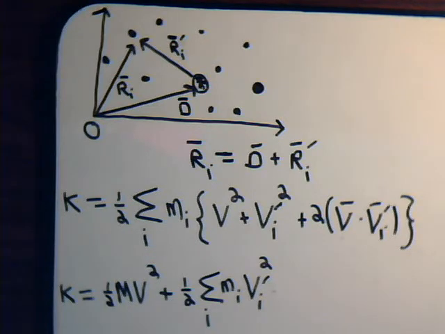So taking that into consideration, what would be the final formula for the kinetic energy of not just a swarm of particles like we have here, but a collection of particles that together comprise a rigid body?